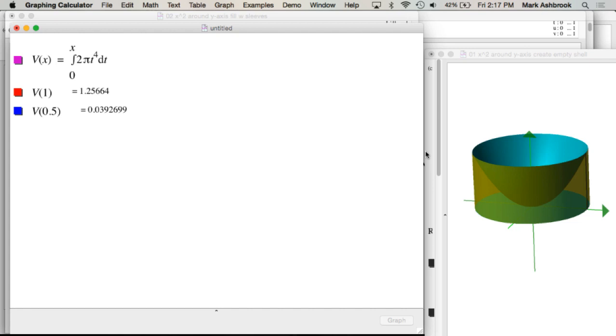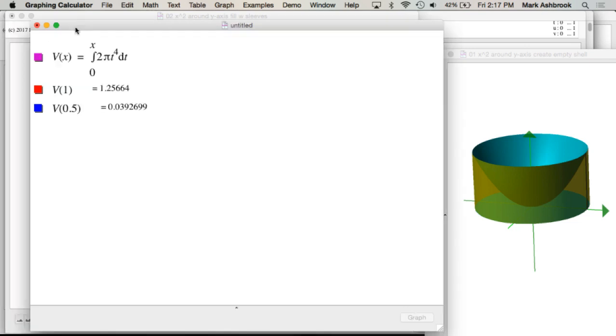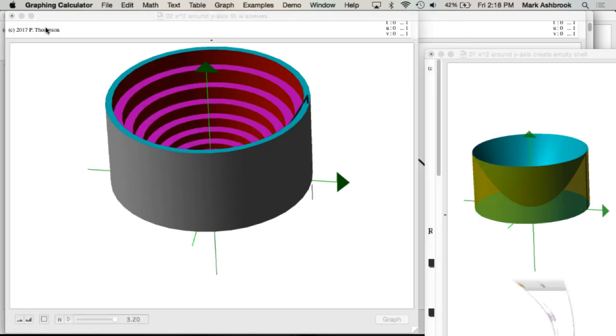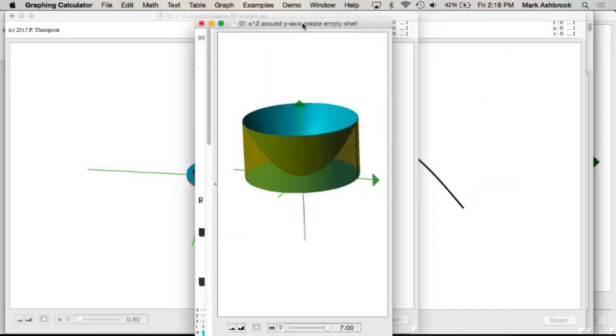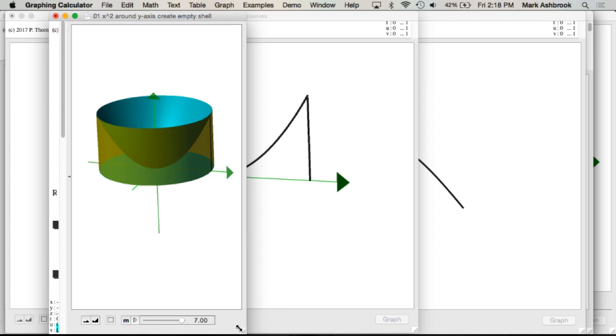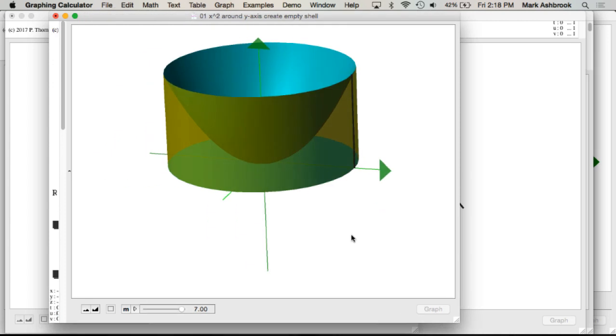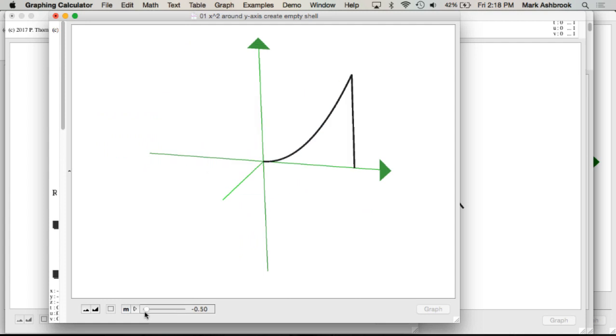Okay, going on with that example, what about if we took delta y? Instead of looking at delta x intervals, what if we looked at delta y intervals? So let's go back to this.